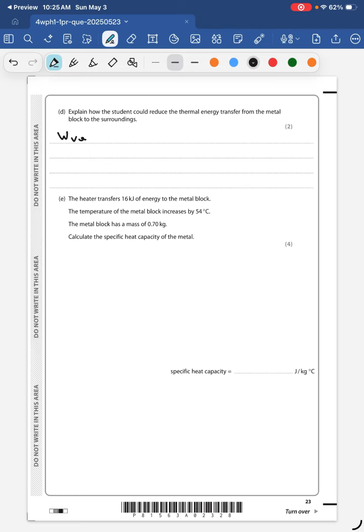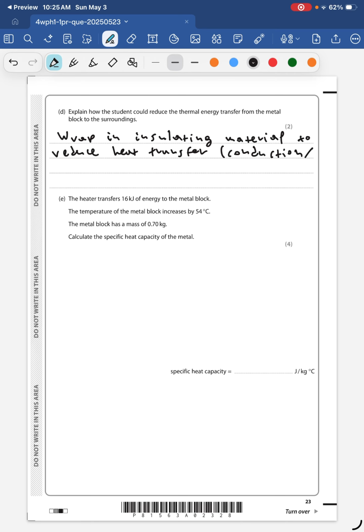So wrap in insulating material to reduce heat transfer by conduction or convection to the surrounding.